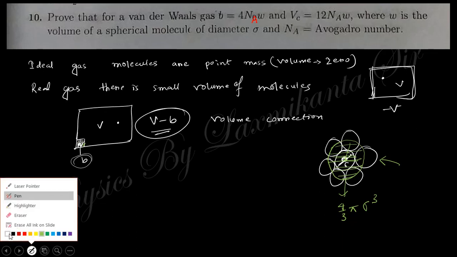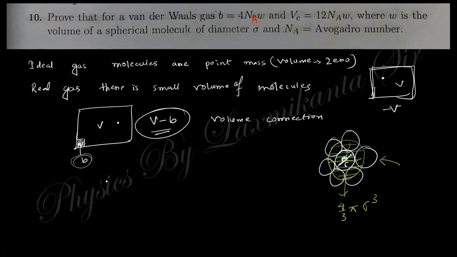So if you take a single molecule, the b value will be zero, because there is no restriction in volume.